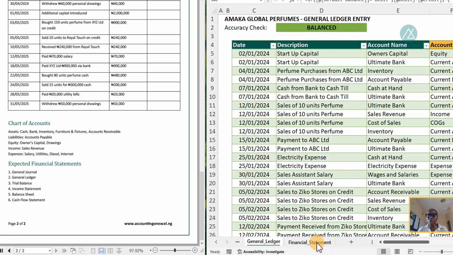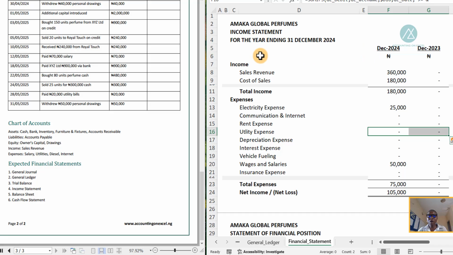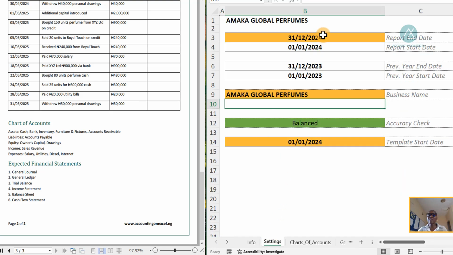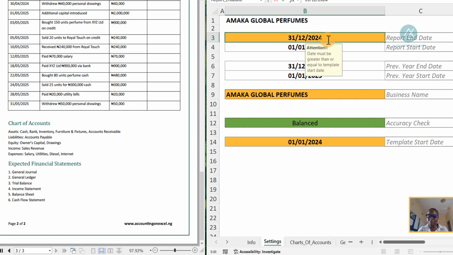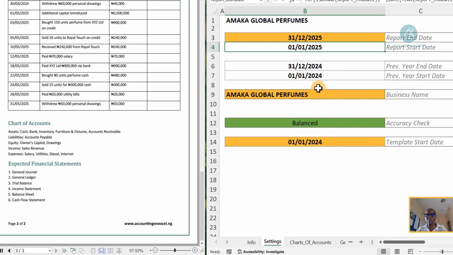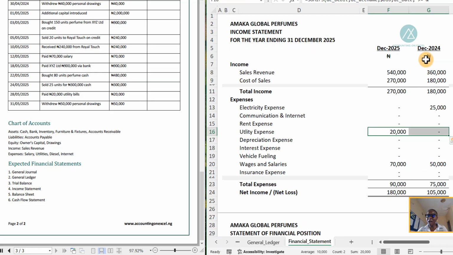When you go to your financial statement, you see the period, because we put 2024. Because we have both 2024 and 2025, you go back to your settings and generate as at 31st, so that you can have both 2024 and 2025. Then you go back to your financial statements and you see 2025 current, 2024.